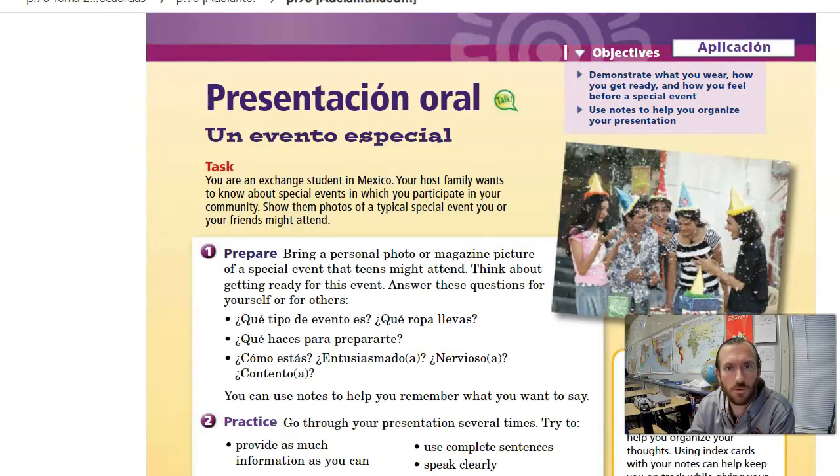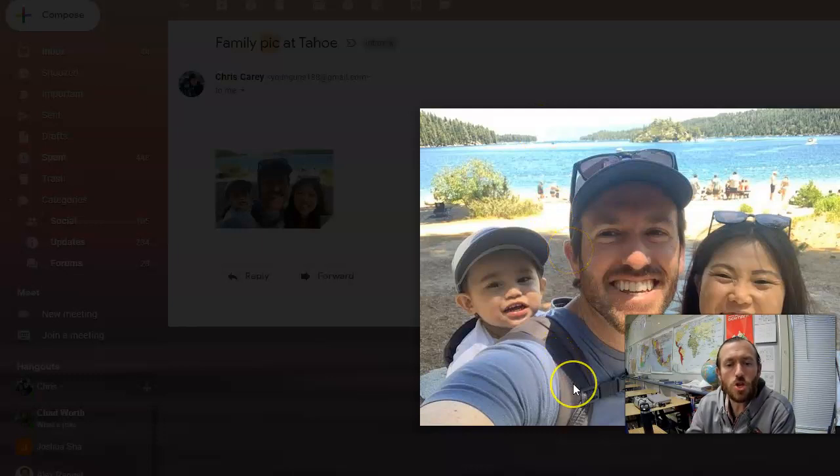So going back to that picture that I was sharing with you, yo llevo, or yo uso los anteojos de sol, una gorra y una camiseta. También llevo los cortos y los zapatos, but this is only a neck-up photo, so just describing what I'm wearing there. Una camiseta, una gorra y los anteojos de sol.